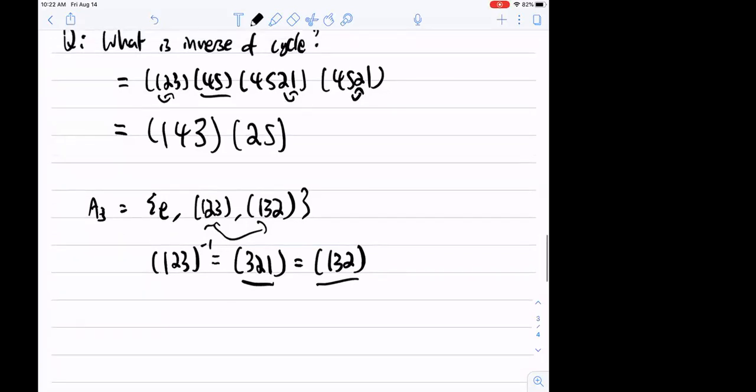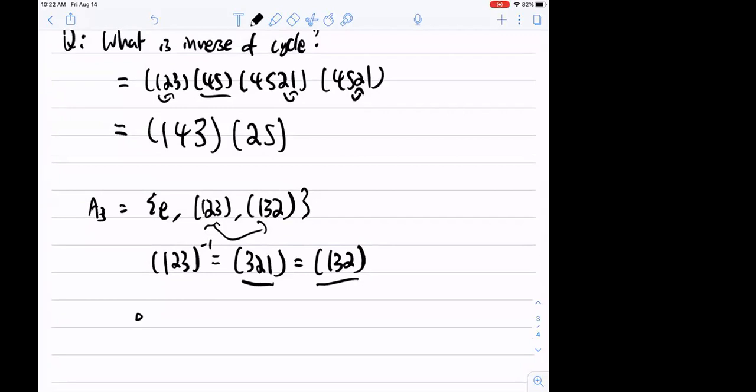Could you explain why you say the inverse has to be included in A3? Let me think.